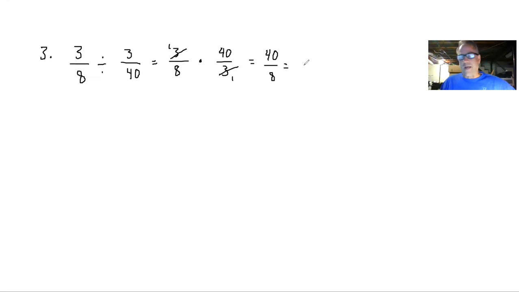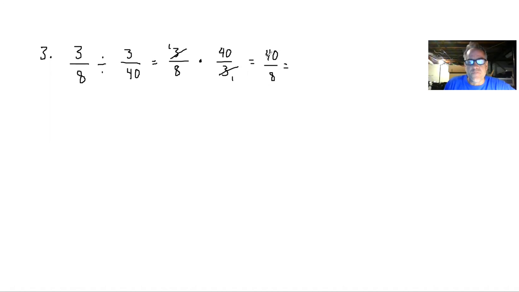Now, you always have to reduce your answer. That's one thing about MyMathLab I really like, is it insists. That means there are no common factors between top and bottom. That is, there is no number that will divide into both the bottom and the top.